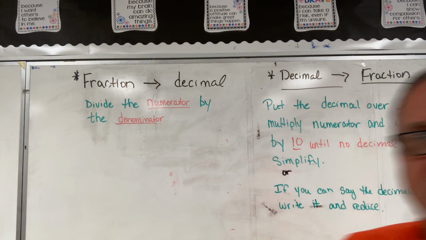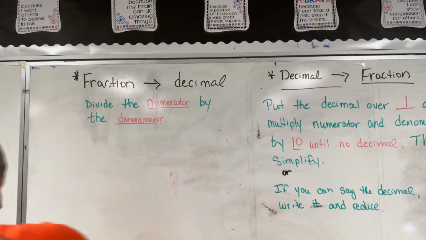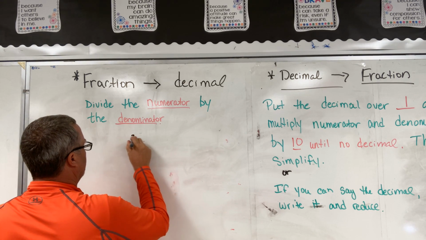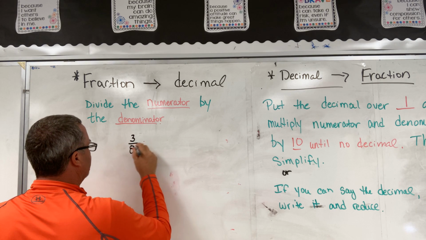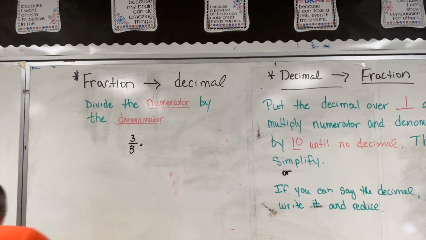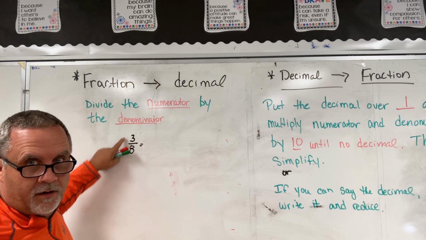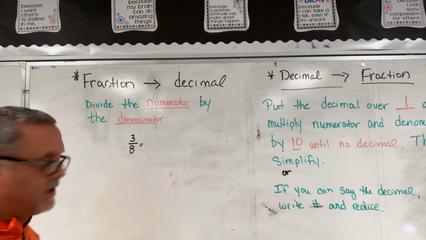So if you go to example 1 at the bottom of the page, it wants us to convert the fraction 3/8 into a decimal. All right, the rule says divide the numerator by the denominator, okay?